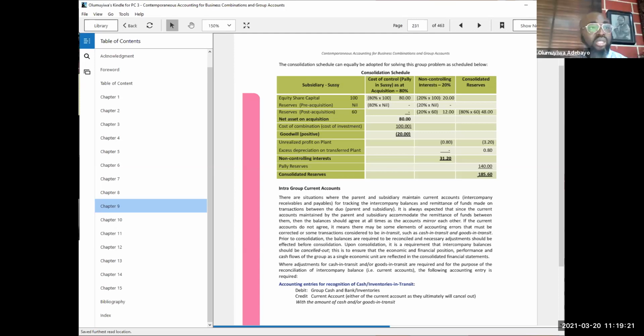Let's use a simple illustration to depict our understanding. Now let's look at this scenario. Marian, I want you to read this scenario to us, and we'll move on from there.